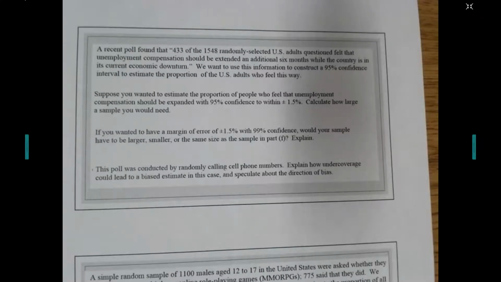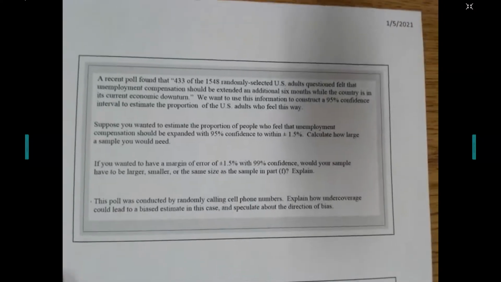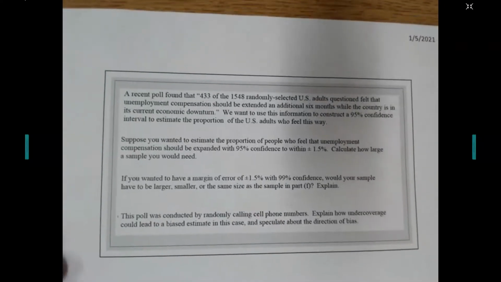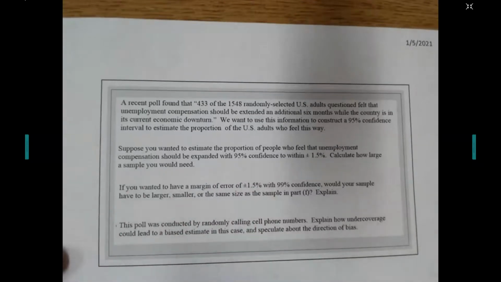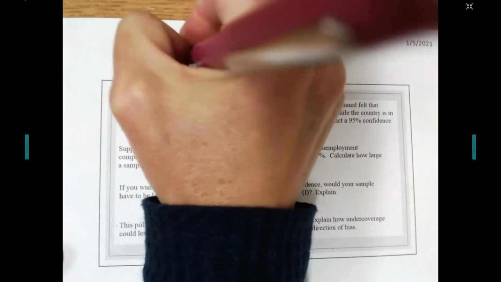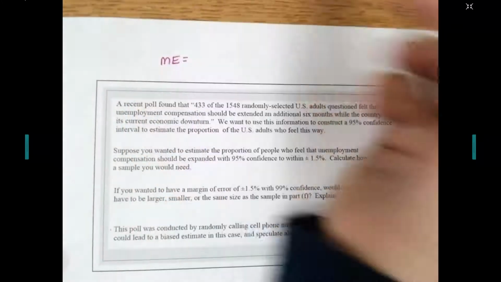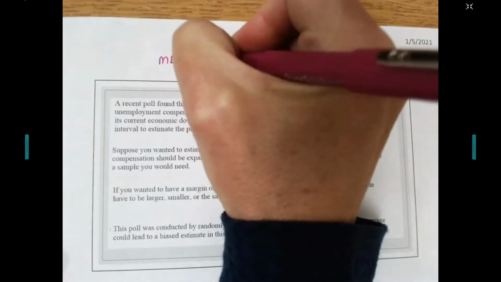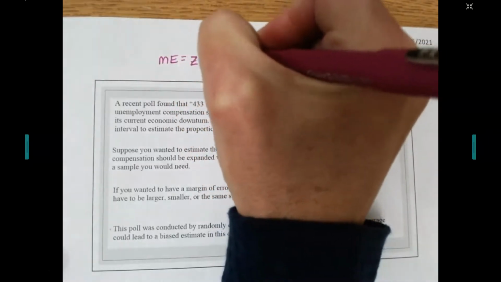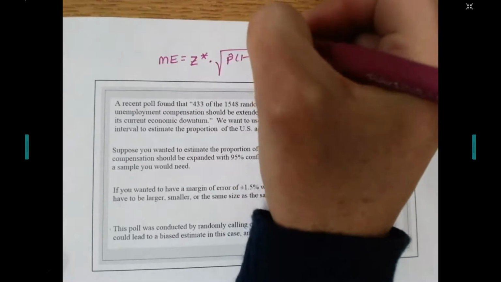Suppose you wanted to estimate the proportion of people who felt that unemployment compensation should be expanded with 95% confidence to within plus or minus 1.5%. Calculate how large a sample you would need. Okay, well, I'm going to use the formula we talked about on the last page. I know the margin of error is everything after the plus or minus. And after the plus or minus, we have our z star and we have our standard error.